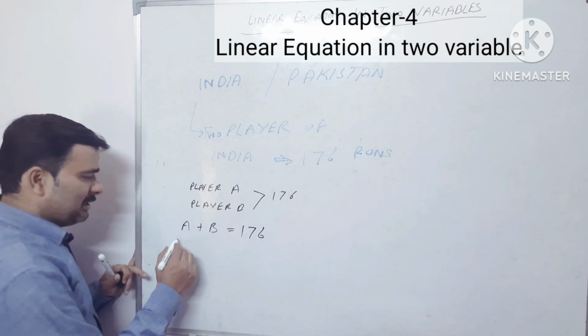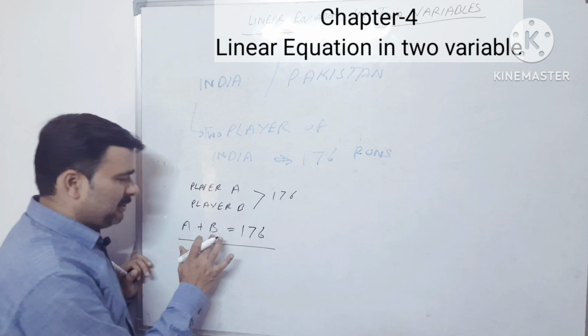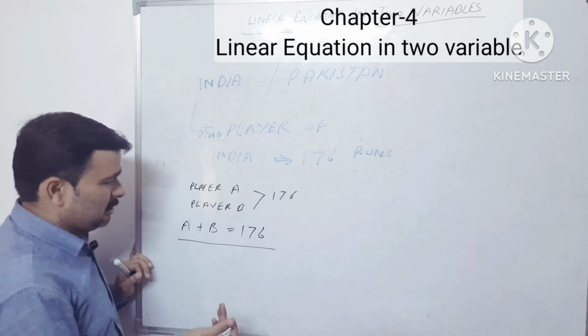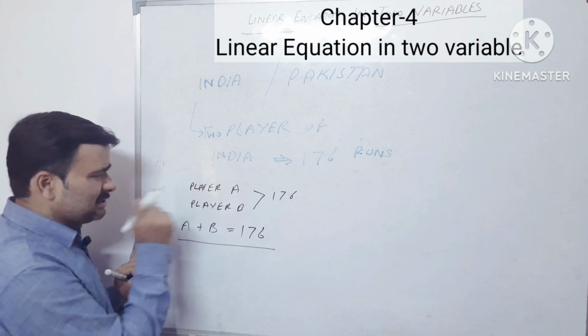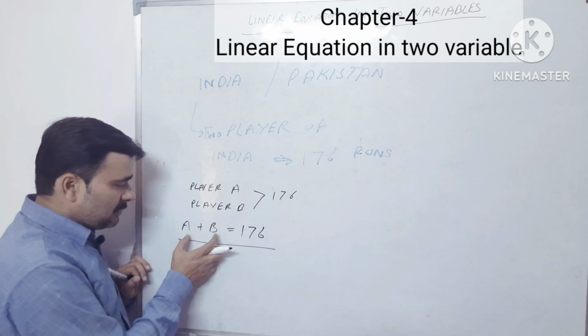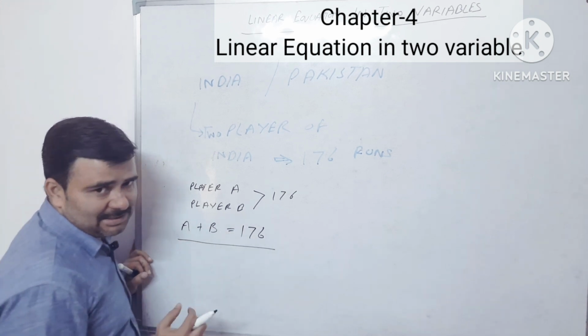So it can be written in this form, where A denotes player 1 and B denotes player 2. This is the first player, this is the second player, and both players have completed 176 runs.